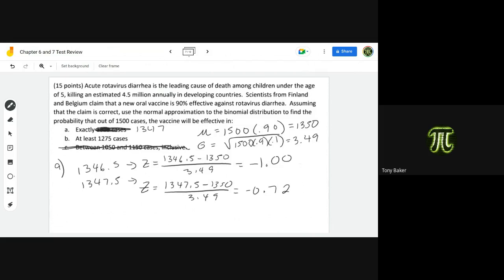So now we can go to our Z table, and we're looking for negative 1 and negative 0.72. Negative 1 is 0.1587, and negative 0.72 is 0.2358.